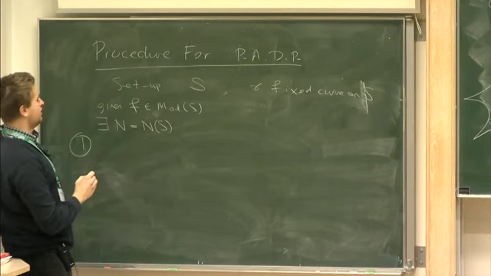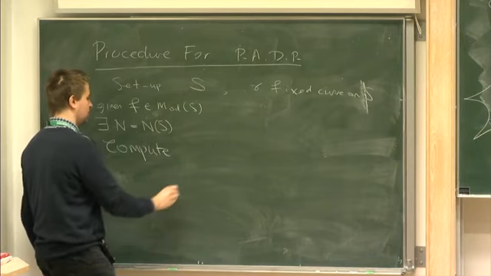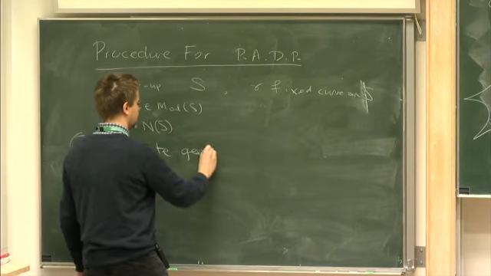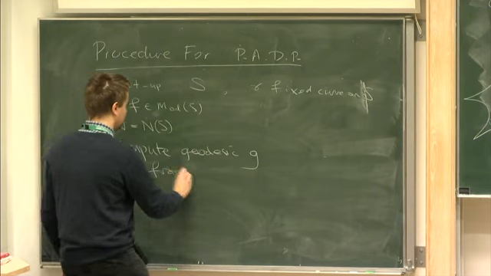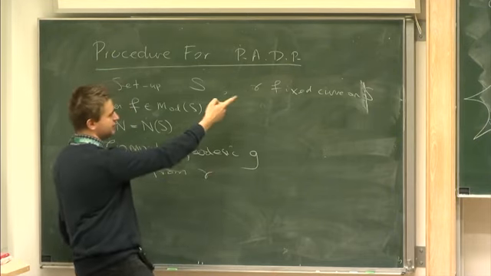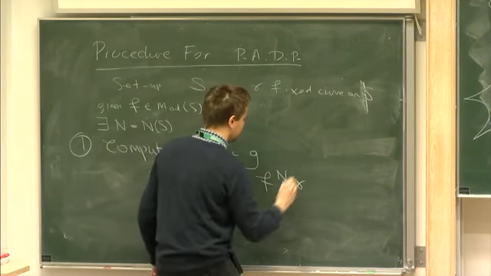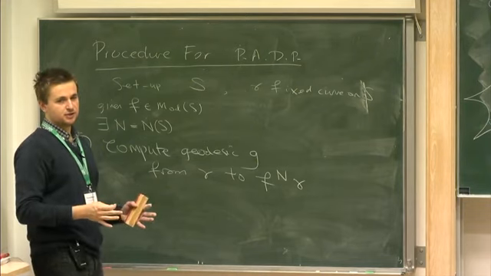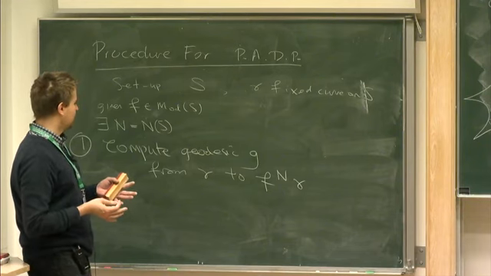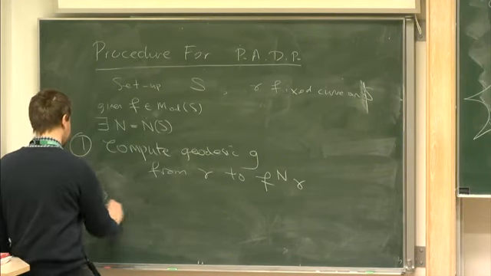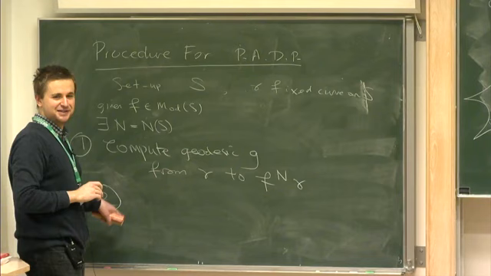So we compute a geodesic G from gamma, this fixed curve, to f to the n gamma using the polynomial-time geodesic finding algorithm. Okay, and then, shout if you can't see this.